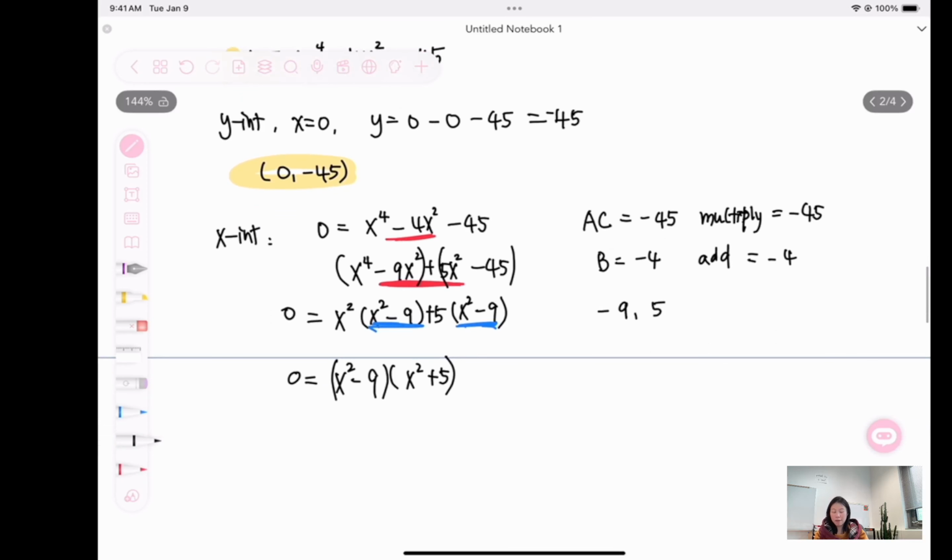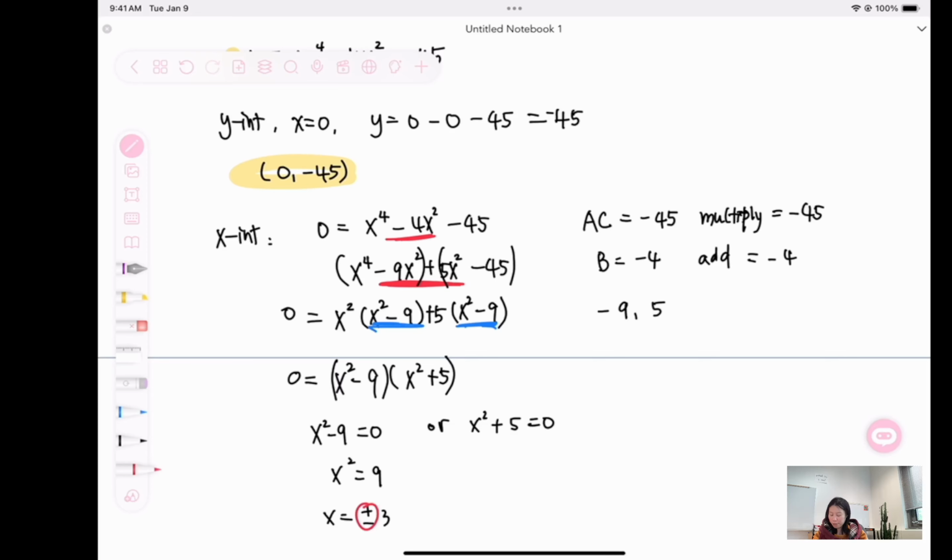Don't forget about that. So that means it's either x squared minus 9 equals 0 or x squared plus 5 equals 0. Now let's solve that. x squared minus 9 equals 0, so x squared equals 9. Take the square root, x equals positive or negative 3. When you're taking a square root on both sides, don't forget the positive and negative.